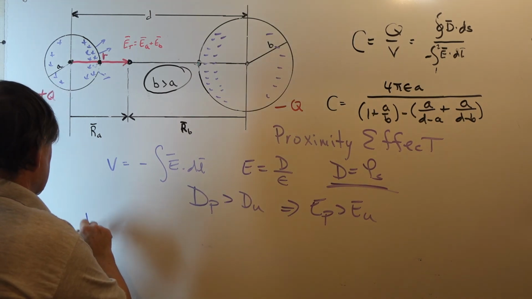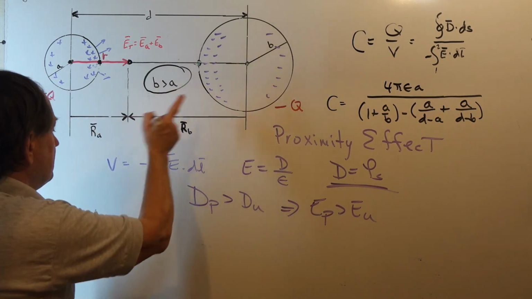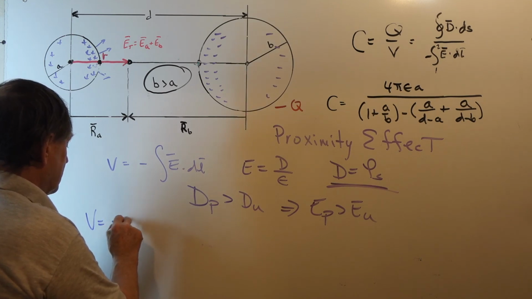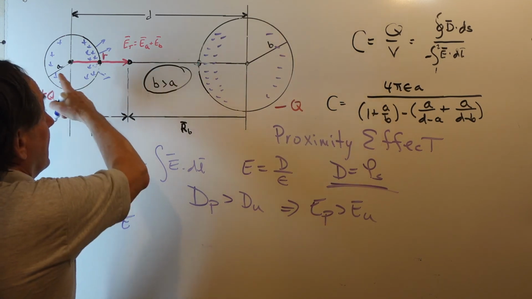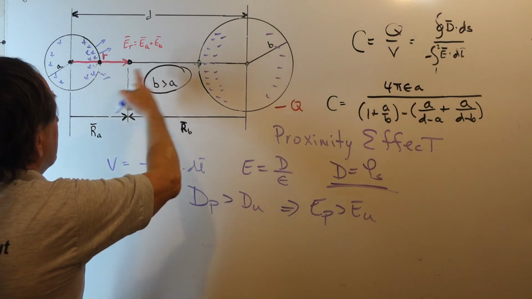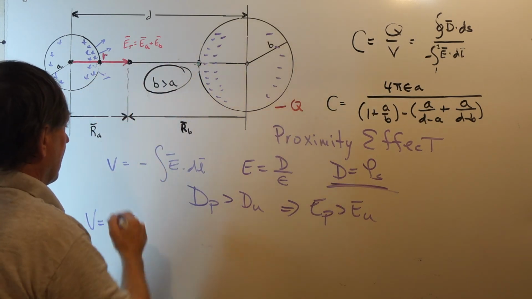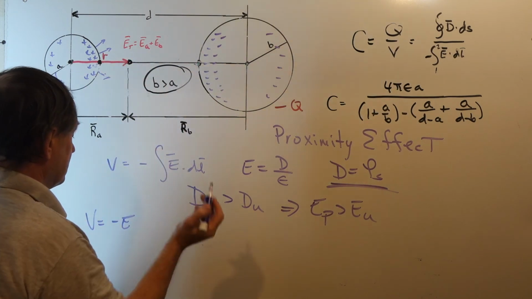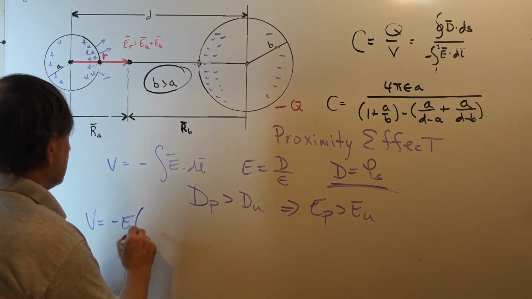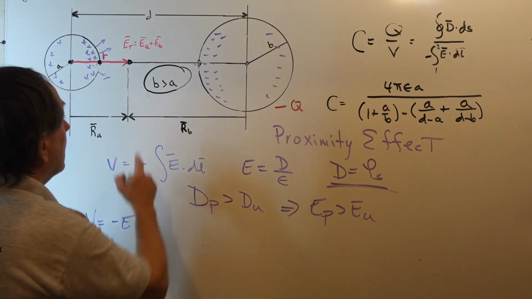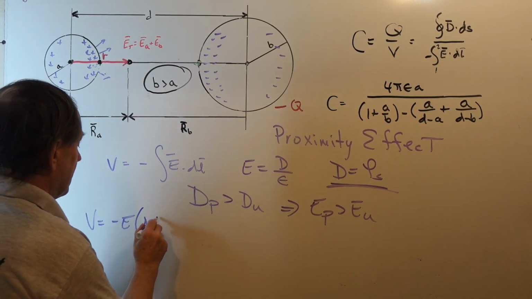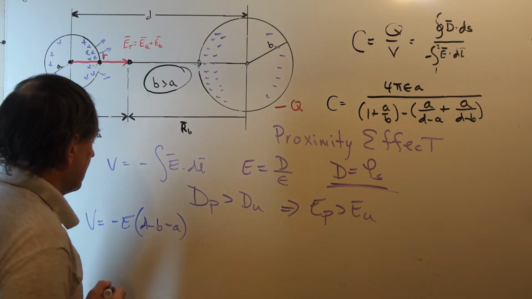The voltage is minus the integral of E dot dl. So we can say that the voltage between the two will basically be minus E times the separation distance, when we integrate from one surface to the other. The distance between the surfaces will just be d minus b minus a.